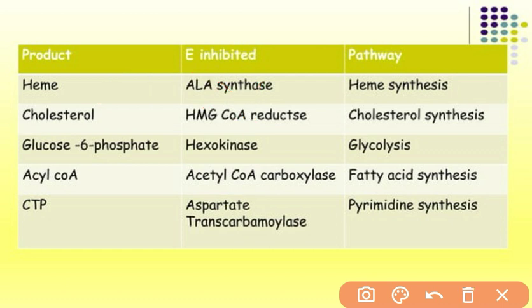The next example, glucose 6 phosphate, is an inhibitor of the enzyme hexokinase. Hexokinase is an isoform of glucokinase. The product of its reaction, glucose 6 phosphate, does not inhibit glucokinase but inhibits hexokinase.